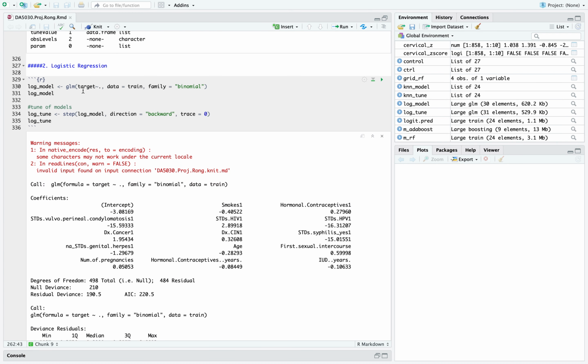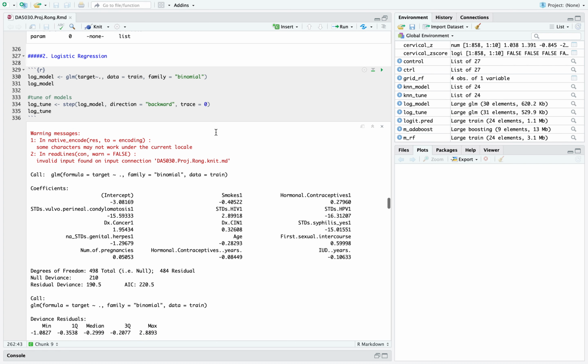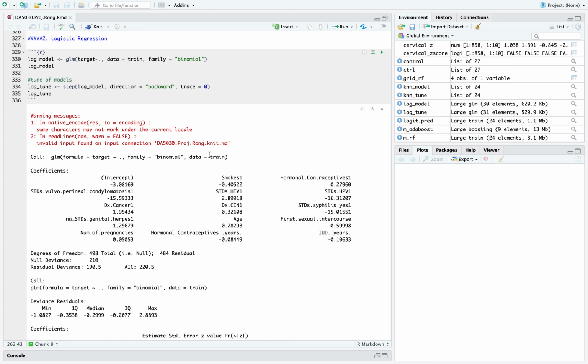This step is logistic regression. There is no R squared as in multiple regression to measure whether a model is good or not.